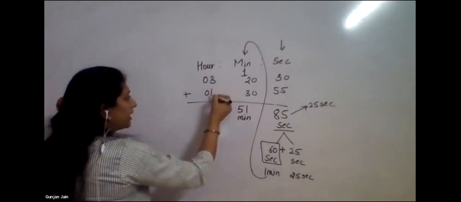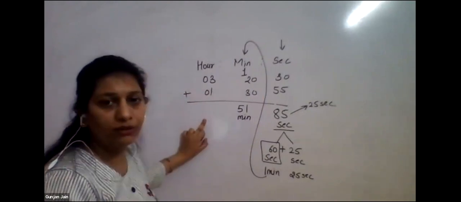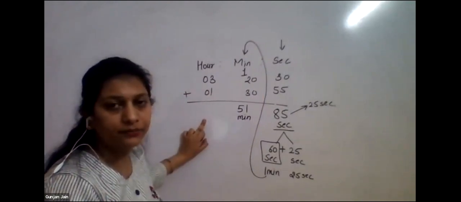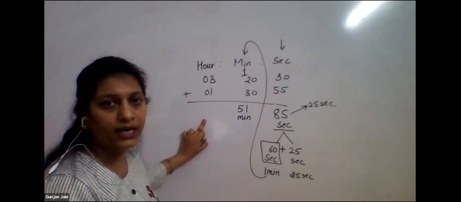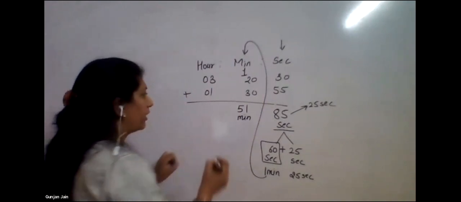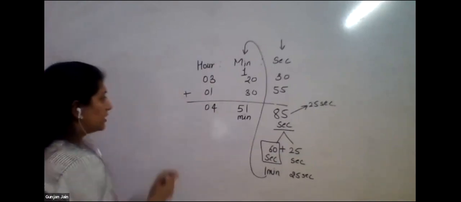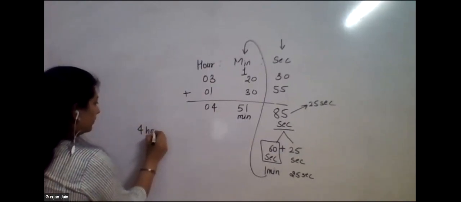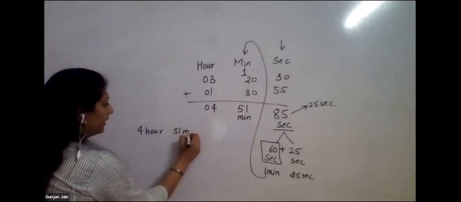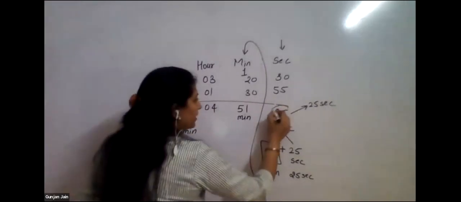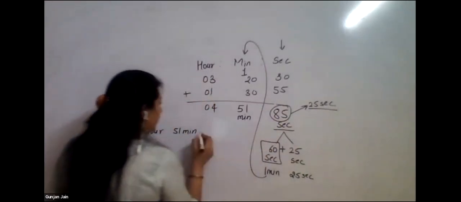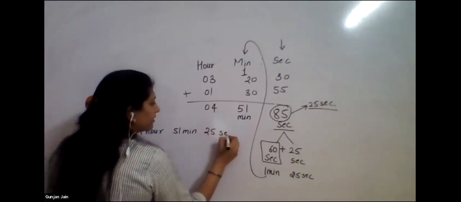Now the hours are added. 3 plus 1. What will be the answer? How many hours? 4 hours. Correct. So your answer for this question is 4 hours, 51 minutes, and in place of 85, we will write 25 seconds.